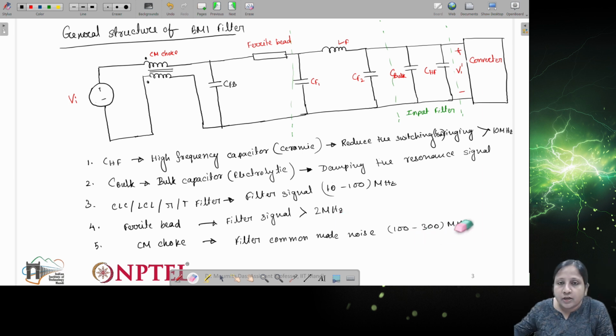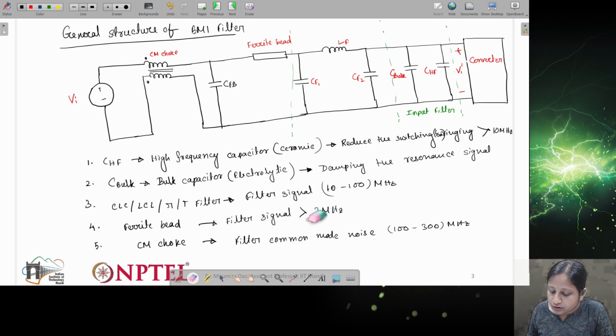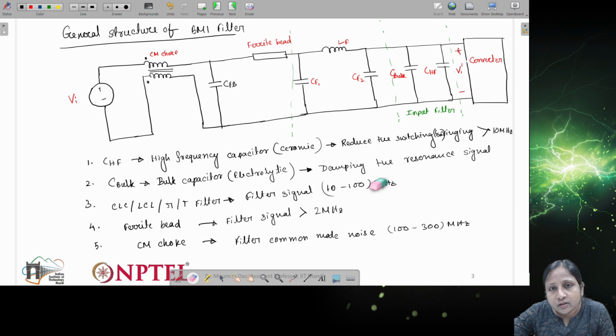First it will reduce the noises of very high frequency, then the frequency level will be lower, in order to reduce the noises in that particular level through the ferrite bead, and after that the CLC LCL filter will come, so that will again reduce the noises which will be 10 to 100 megahertz. So 100 to 300 through the first component, 2 to 10 through the second component, 10 to 100 through the third component.